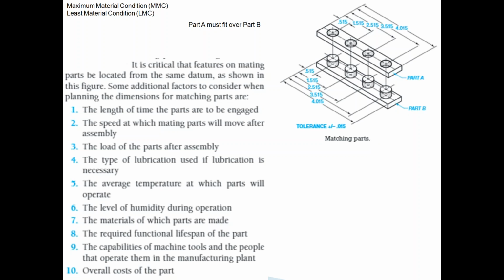Some additional factors to consider when planning dimensions for matching parts are the length of time the parts are to be engaged, the speed at which mating parts will move after assembly, the load on the parts after assembly, the type of lubrication used if lubrication is necessary, the average temperature at which parts will operate, the level of humidity during operation, the material of which parts are made, the required functional lifespan of the part, the capability of the machine tools and the people that operate them in manufacturing the part, and of course the overall cost of the part.